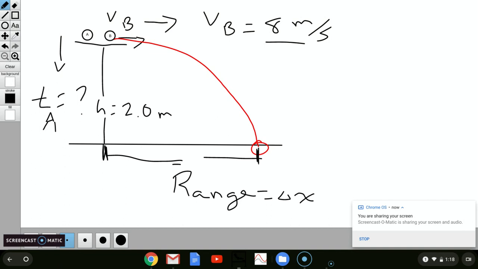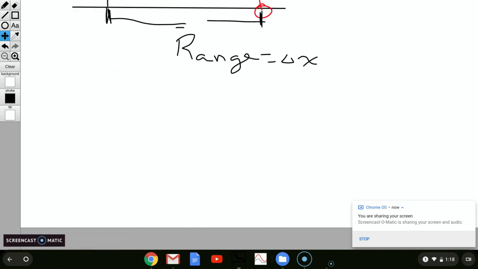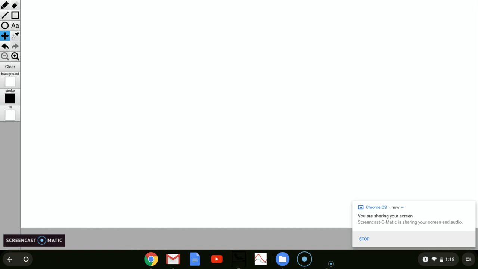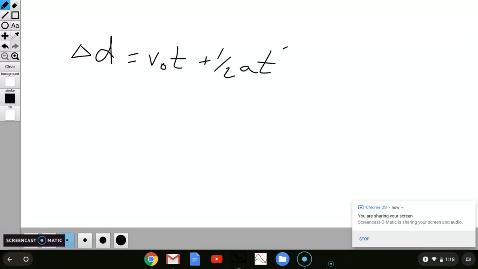Okay. To do this, you should have used some kinematic equation that we've used before. Should have used something along these lines. To calculate this, we probably would have used something like this.